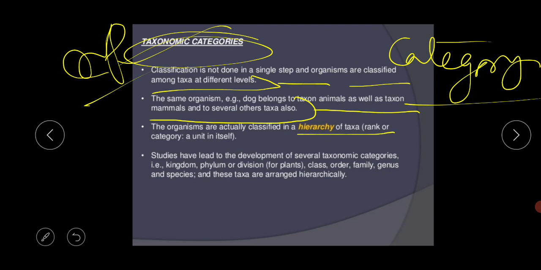These studies have led to the development of several taxonomic categories. The first one is the kingdom, phylum, division, class, order, family, genus and species. All these taxa are arranged hierarchically. In our live class we have discussed the easiest way of remembering all those taxonomic categories, because during your examination you have to remember all those things sequentially.